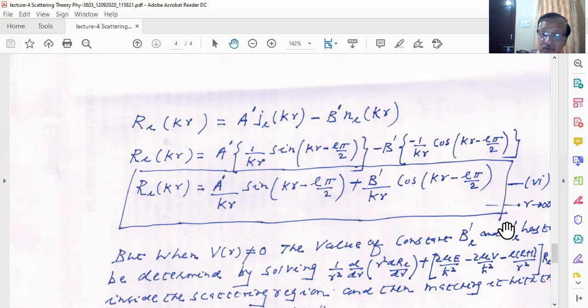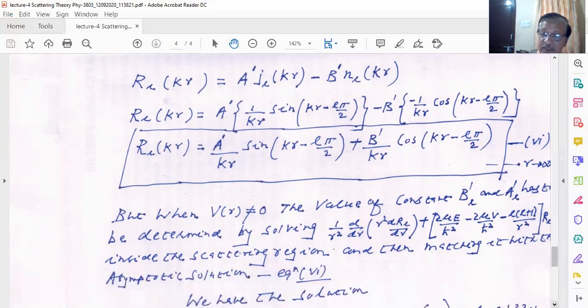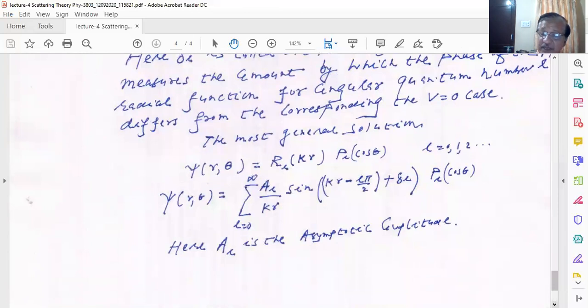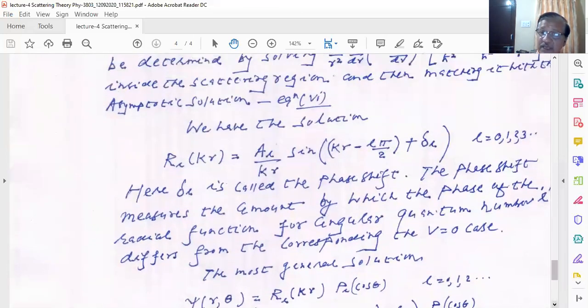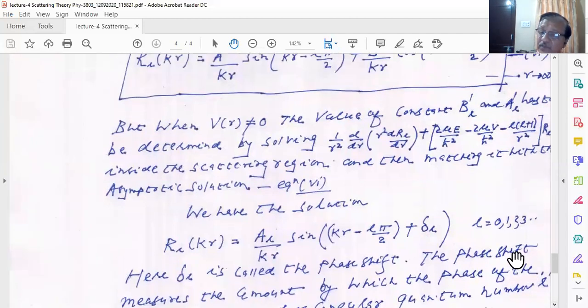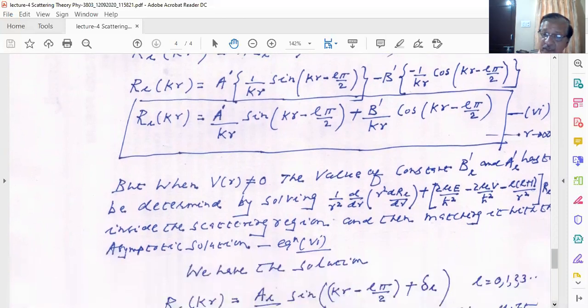So you know your wave function, whenever you solve a Schrodinger wave equation, the acceptable solutions should always be finite, continuous and single valued. Since your Neumann functions are not finite at r equal to 0, we cannot take this part. So this part is disappearing when you take a solution in the presence of the potential.